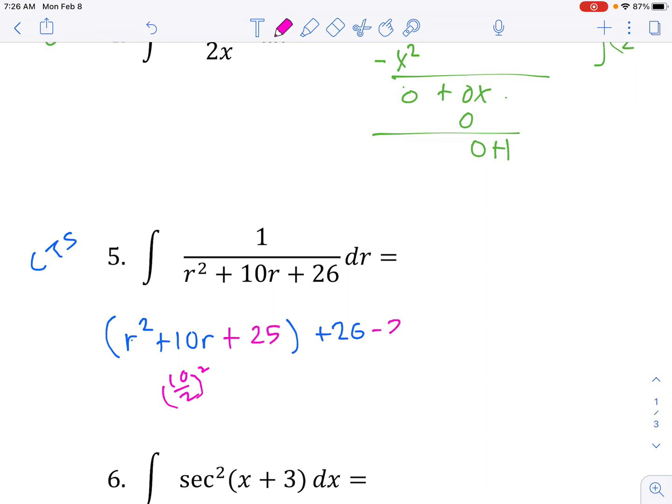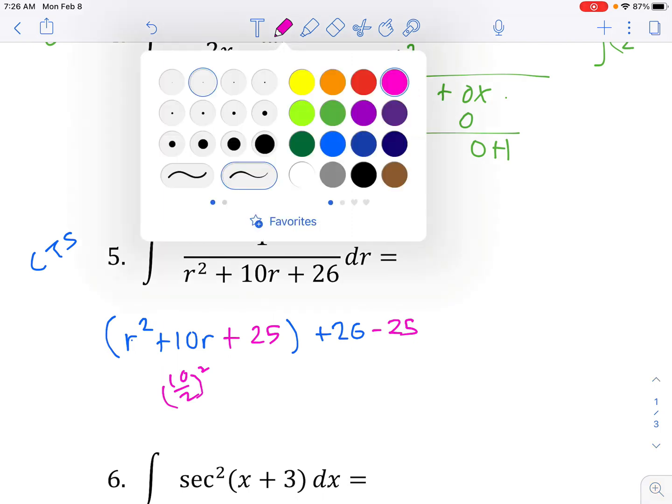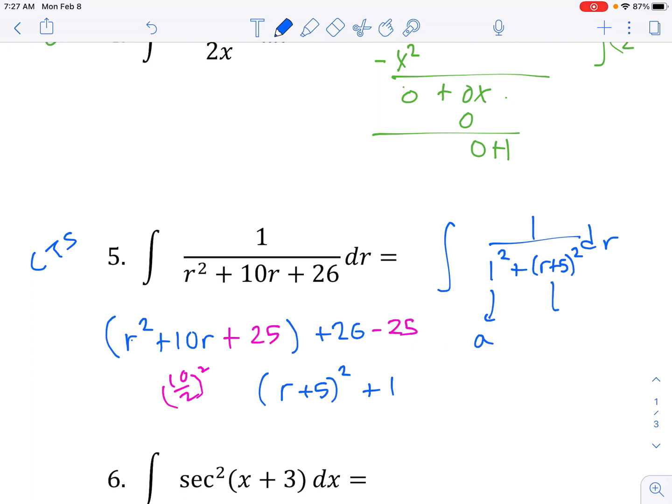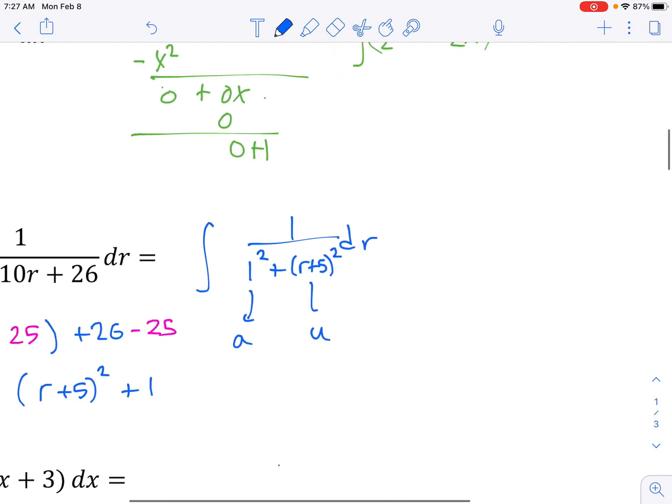We're going to add 25, so we're going to subtract 25 here. That's a perfect square trinomial in the brackets, and that's going to be an r plus 5 quantity squared. And then this is going to be a plus 1, which is also a perfect square. So we have 1 over dr, and I'm going to put it as 1 squared plus r plus 5 squared.